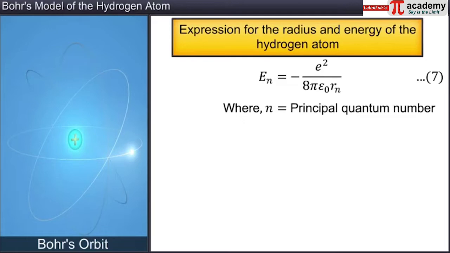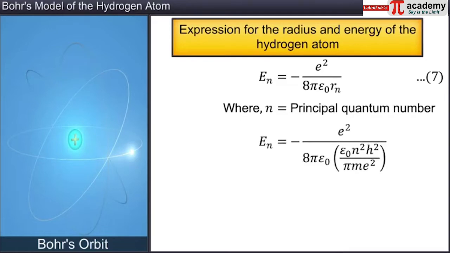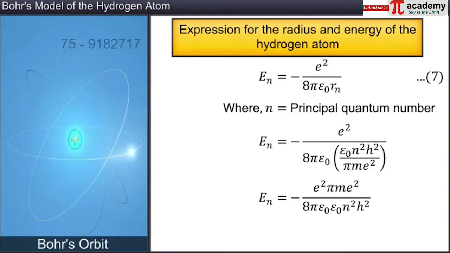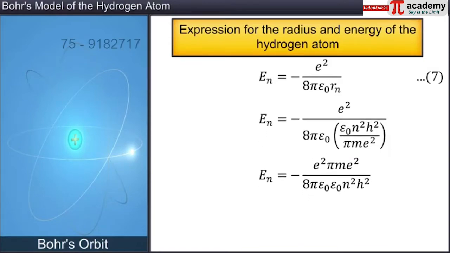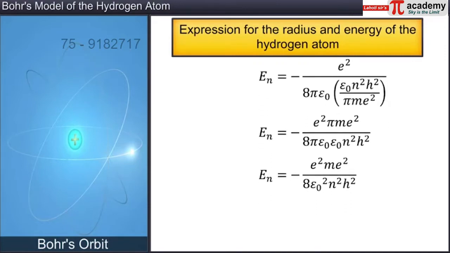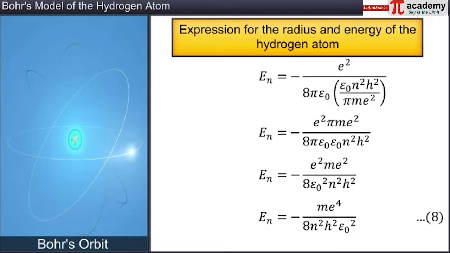Substituting the value of Rn and simplifying, we get En is equal to minus m e to the power 4 by 8 n square h square epsilon naught square. Let this be equation 8.